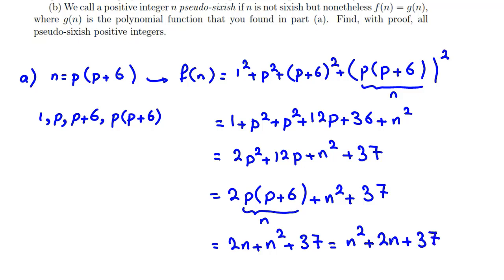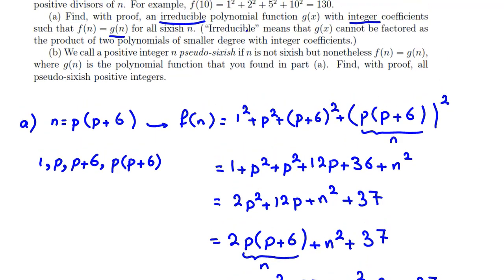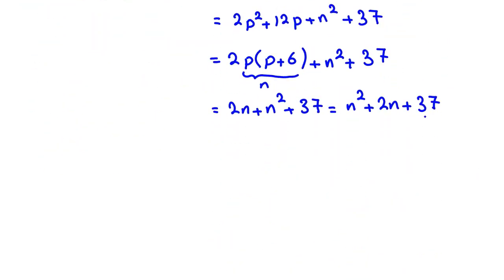So we found this. Now we should prove why we cannot factorize this, why it is irreducible. So we found g of n, and I define g of n equals n squared plus 2n plus 37.